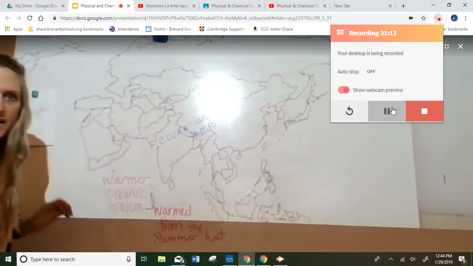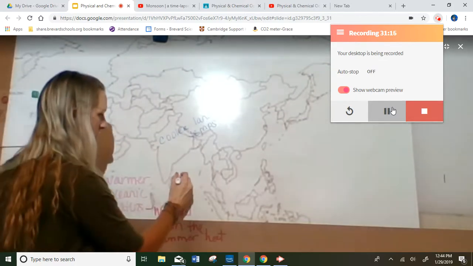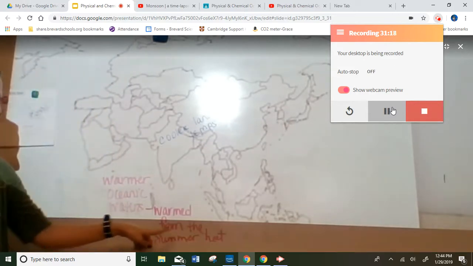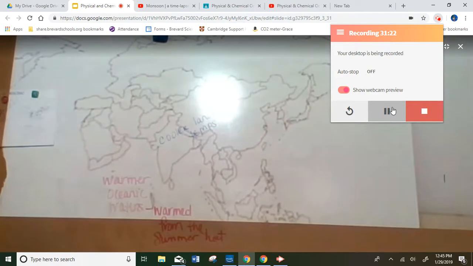Okay. And all that says is warmer oceanic waters. Same over here. They're warmed from the summer heat and keep their temperature.